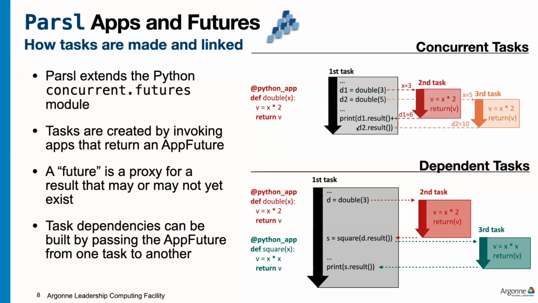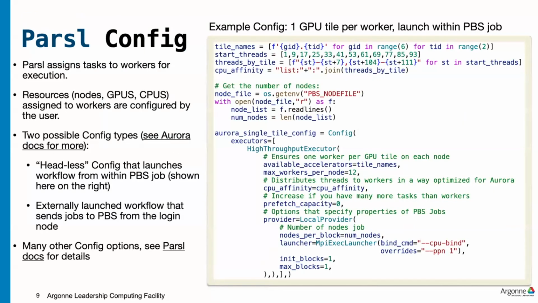I didn't say a lot about configuring, in part because it can look many different ways, and it really depends on your workload and your application. This is one example, but if you go to the Aurora docs and look under workflows and under Parcel, you will find multiple different configurations for different situations, cases and workloads.